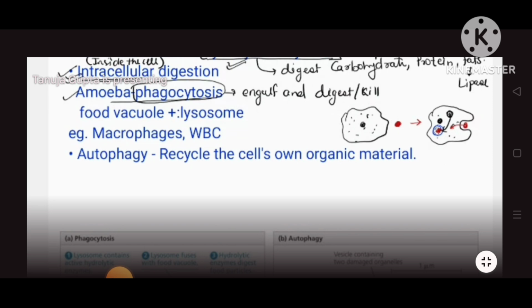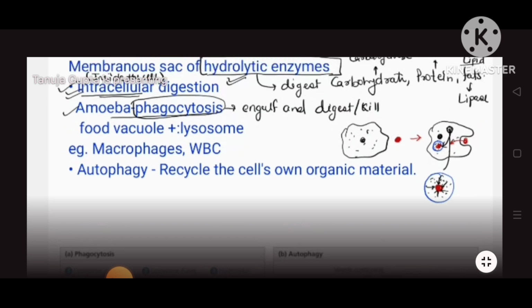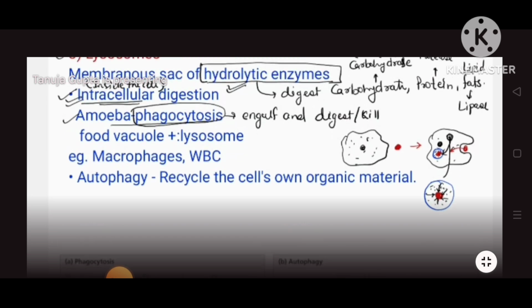So I'm just drawing a large view of this one. This is the vesicle, inside it the food particle, and the lysosome also gets fused and releases all its hydrolytic enzyme. Now this hydrolytic enzyme attacks these food particles and digests them, and this is how amoeba does the digestion. It releases the nutrients and it absorbs the nutrients.